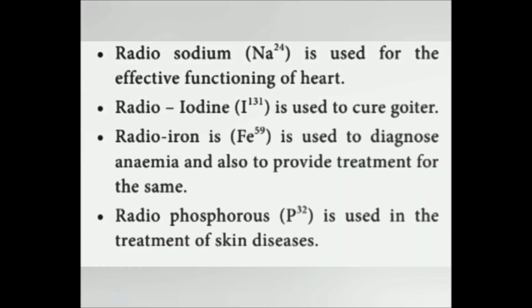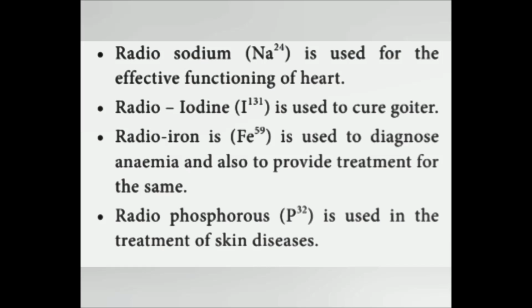What are the uses of radioisotopes in the field of medicine? First one, sodium-24 is used for effective functioning of the heart. Iodine-131 is used to cure goitre. Iron-59 is used to diagnose and also provide treatment for anemia.